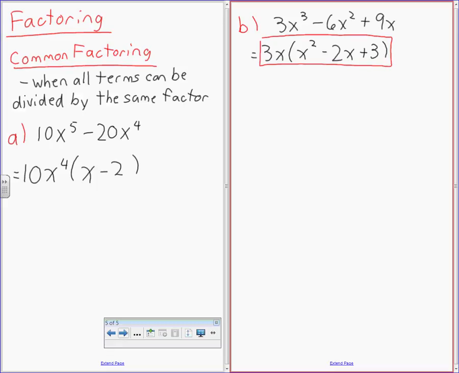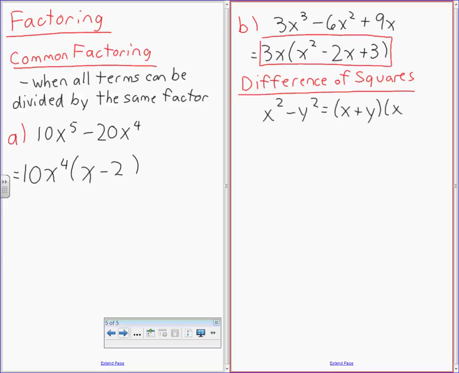Factoring type number 2 is called difference of squares. Basically, if you have x squared minus y squared, that's equal to x plus y and x minus y.